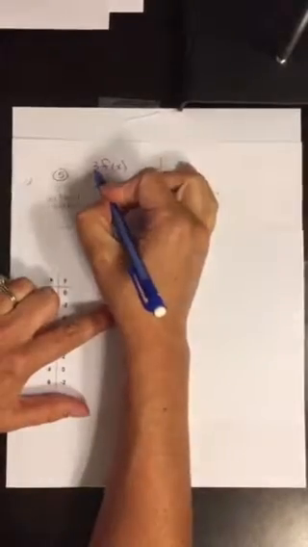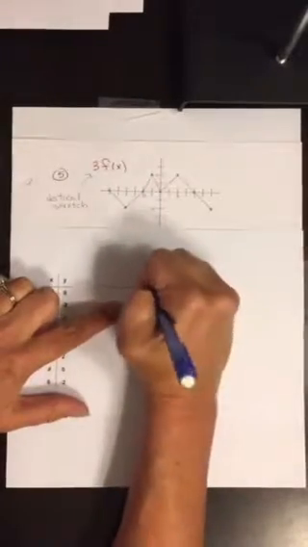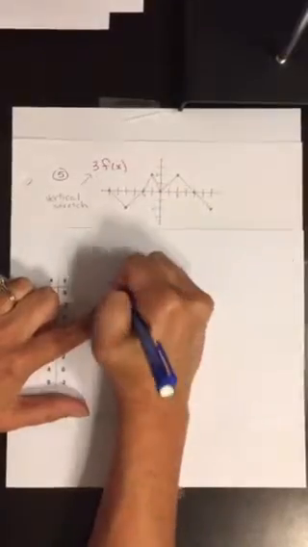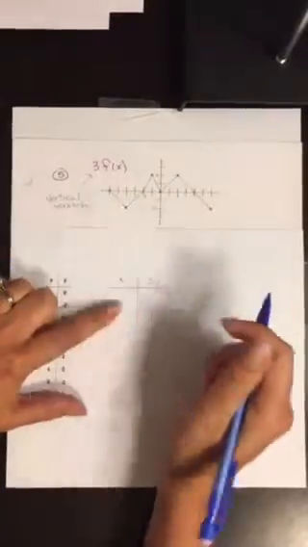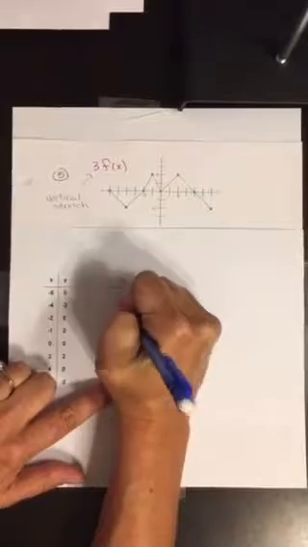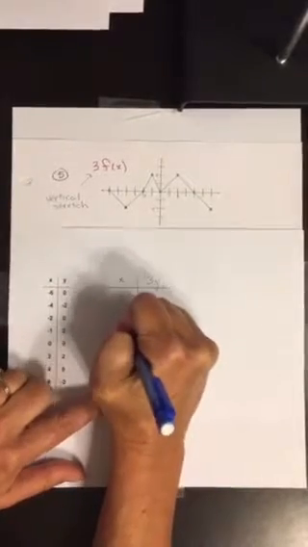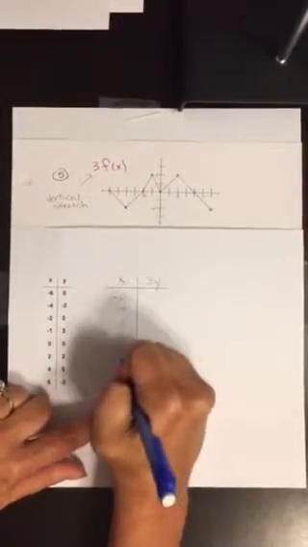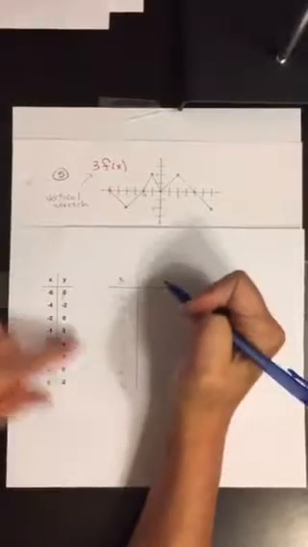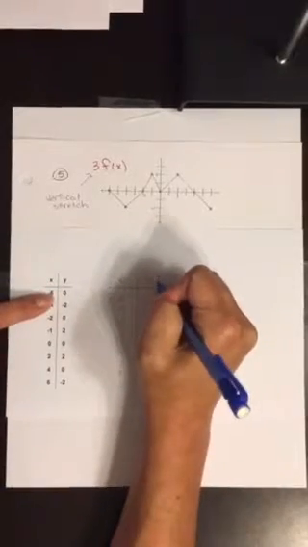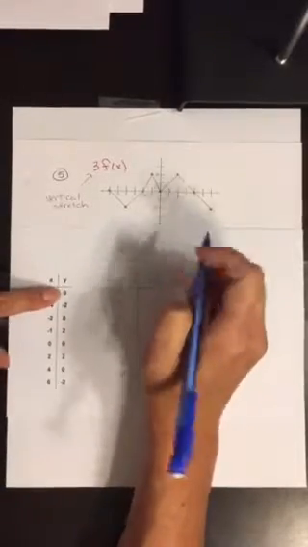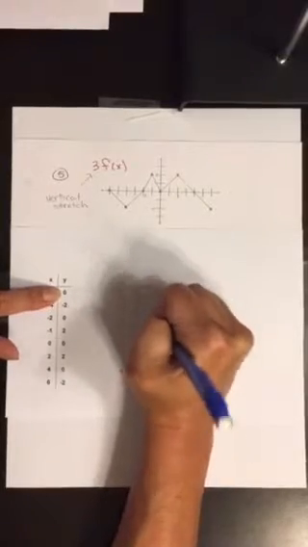The 3 is changing the y value, so that's going to be 3y. The x value stays the same. So my x values I'm going to copy over in the table. And then my y values will be 3 times my y values over here.